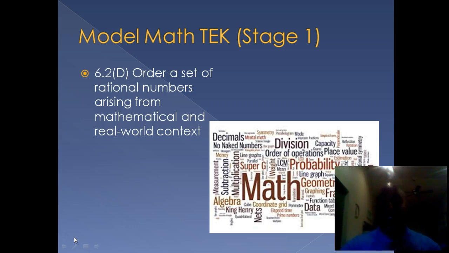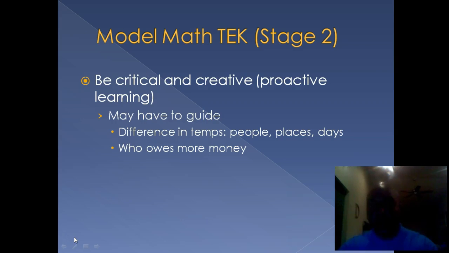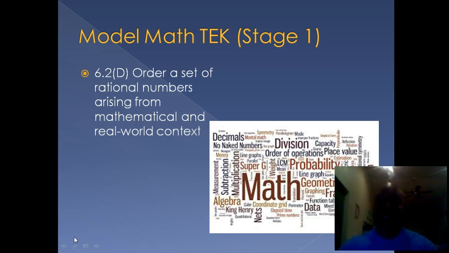So here we go. As you finish getting your pencils and your paper out, the TEK that I have pulled out is from the math department, obviously, and it is 6.2, and it reads, order a set of rational numbers arising from mathematical and real-world contexts. Okay. Let me go back to that.